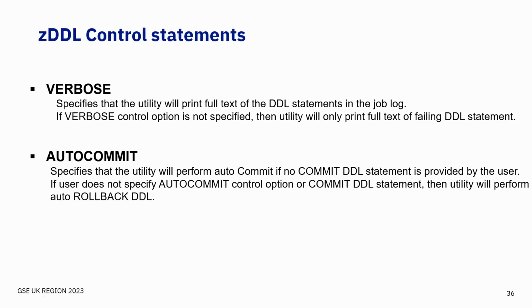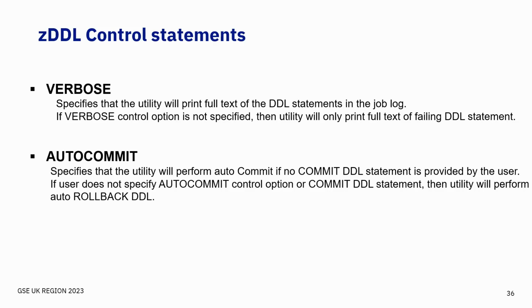Yes, if a DDL statement is in error, then we will print the full text of the failing DDL statement, right? So verbose is an option. By default, the utility will not print all of the DDL statements. For each DDL statement, it will only print what fits on one line in 80 characters. But if you want to see the whole thing, you can code the keyword VERBOSE in your control statement.